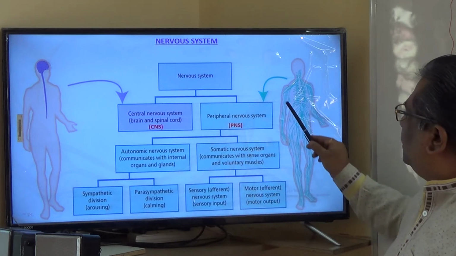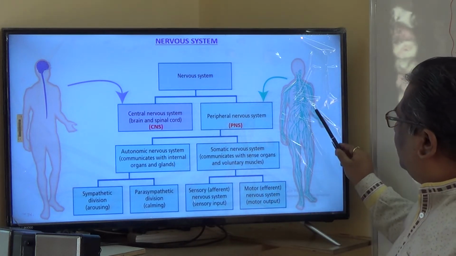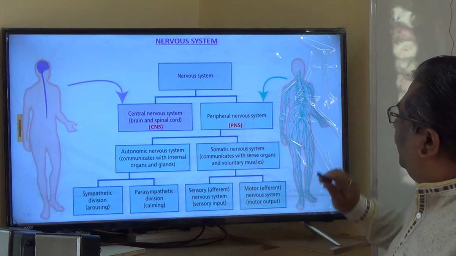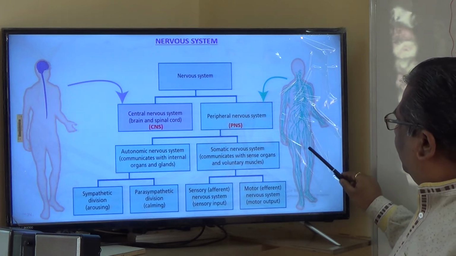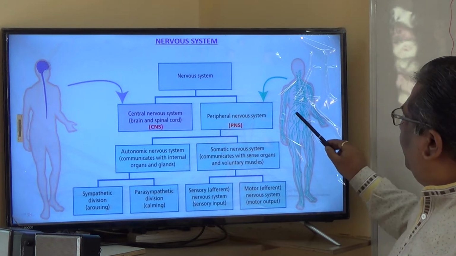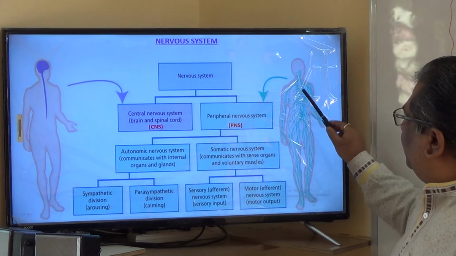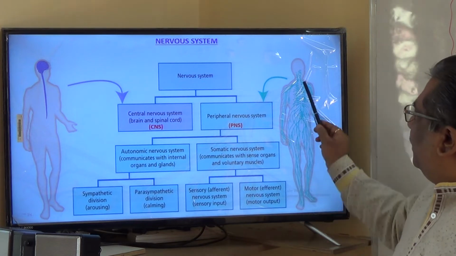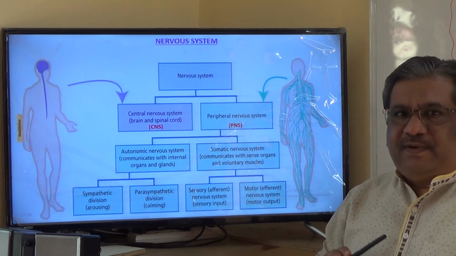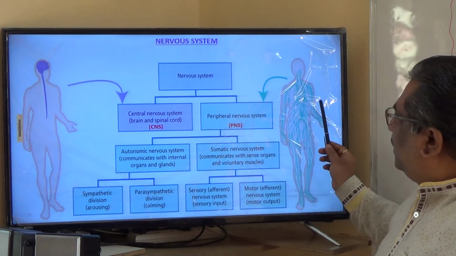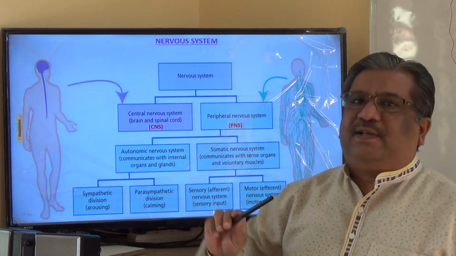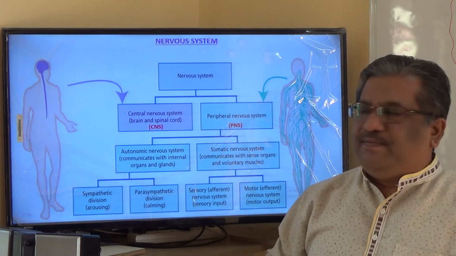In this one, you can see a network of nerves connected to the spinal cord and the brain. These are the nerves present in the hands, legs, abdominal region, on either side of the spinal cord, chest region, neck region, etc. This network of nerves is classified as one particular part, and the brain and the spinal cord are classified as another part of the nervous system.